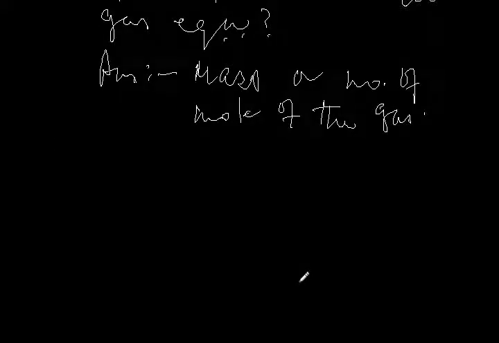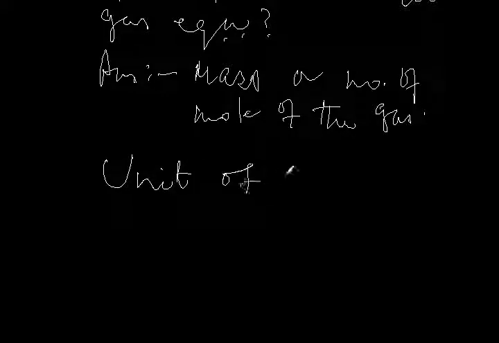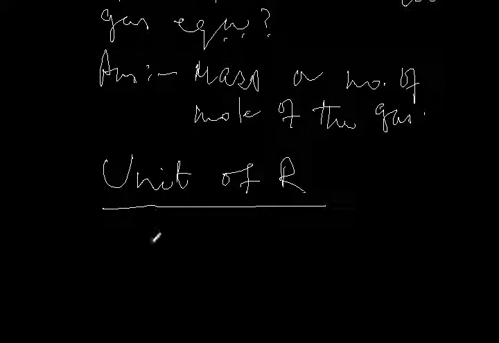Now we will establish the unit of R from the dimensional analysis of the equation PV equal to nRT. How will the unit of R be deduced from the equation PV equal to nRT by its dimensional analysis?